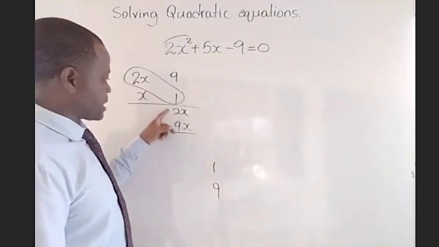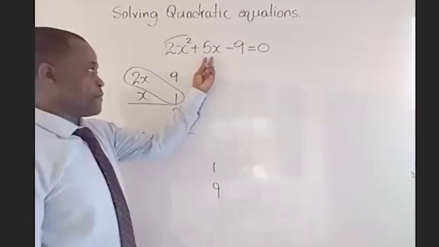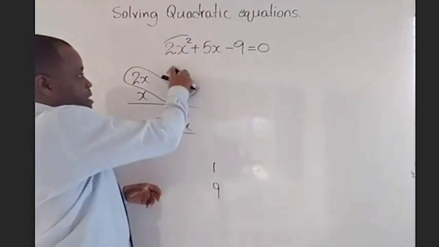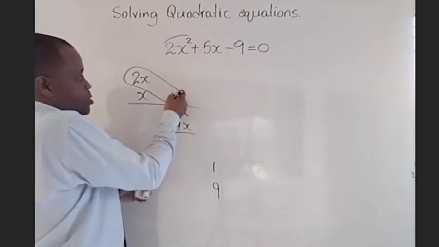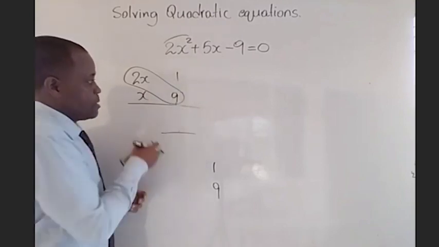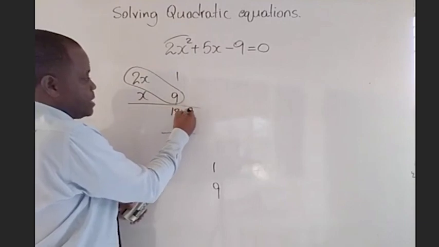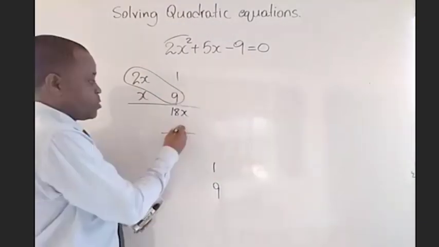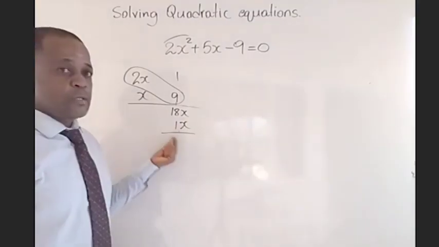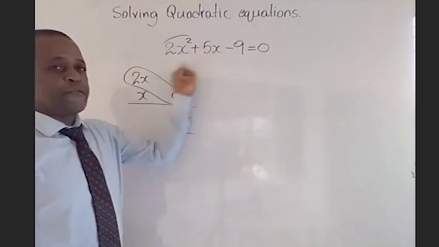Because there's nothing that I can do with these two numbers to give me 5x. Let's change this around. Now 9 times 2x will give me 18x, and 1 times x will give me 1x. Again, there's nothing that I can do with these two terms to get 5x.